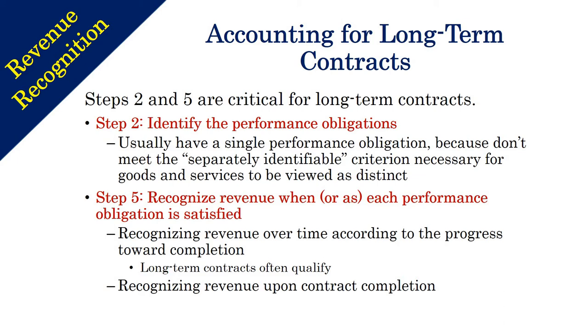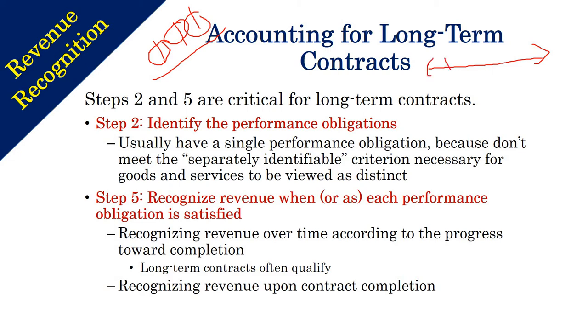So in the revenue recognition principles, we have 5 steps, as we already know. Step 2 and step 5 are really important because in step 2, if we have more than one obligation, we will be allocating the transaction price to all the performance obligations, correct? But in the case of long-term contracts, we have only one contract, but it is long-term.